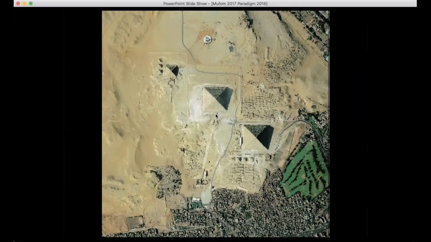Okay, so let's move on with some of this evidence. As I explained to you, I'd gone over with John Anthony West in 1997 to Giza, and before I went over, what I was really looking for is this: a satellite image right here of Giza and the 3 pyramids at Giza.